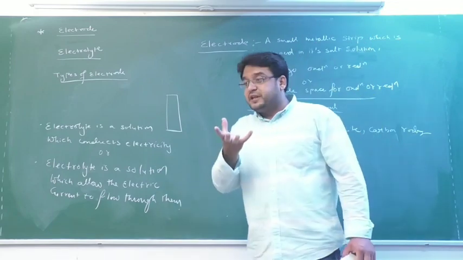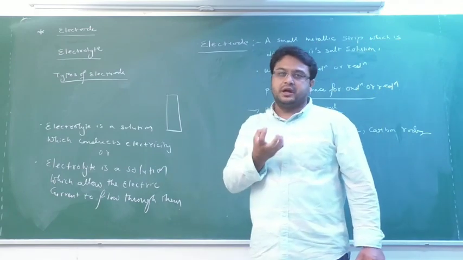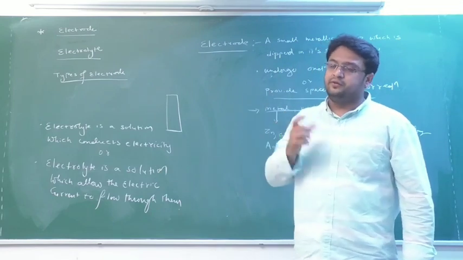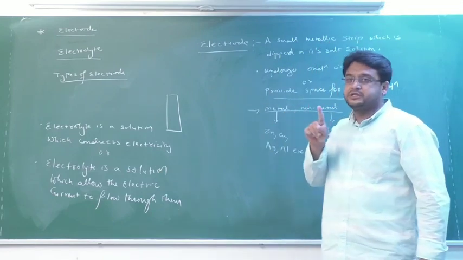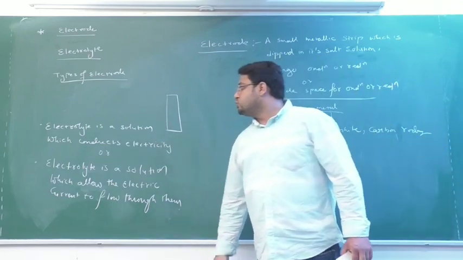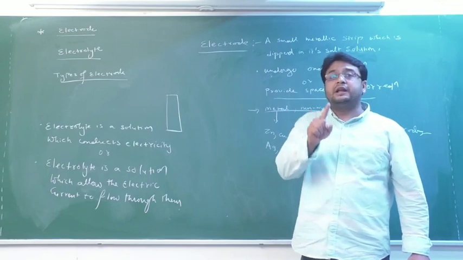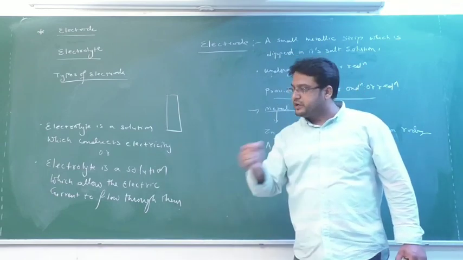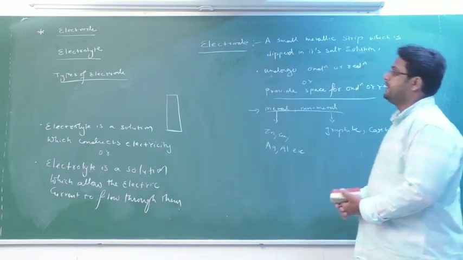But if there is a liquid, aqueous solution, which allows the electric current to flow through them, then what name will we give? We cannot say conductor because they are in liquid state. So when they are in liquid state, we have to say electrolyte. Any substance which allows the electrons to flow through them: solid state, conductor; liquid state, electrolyte.